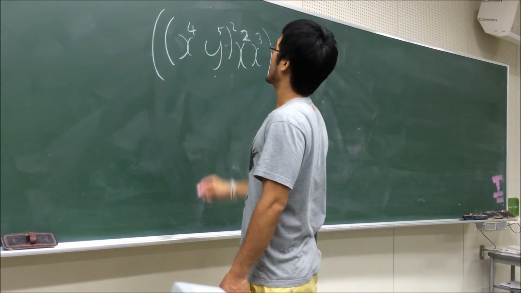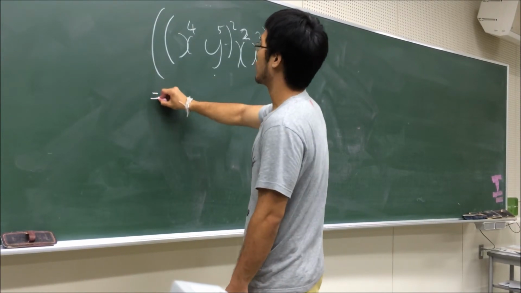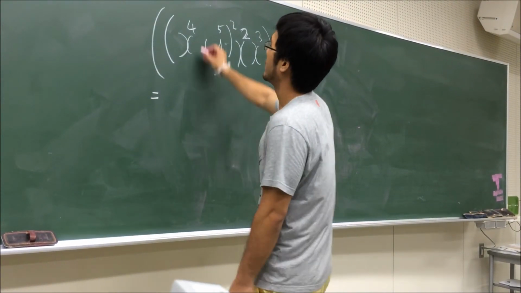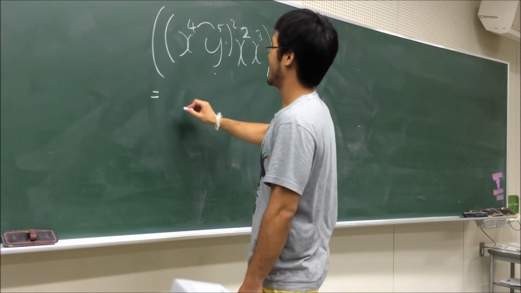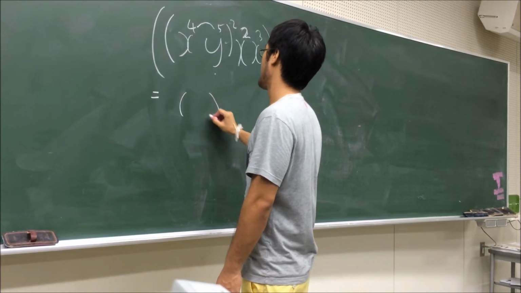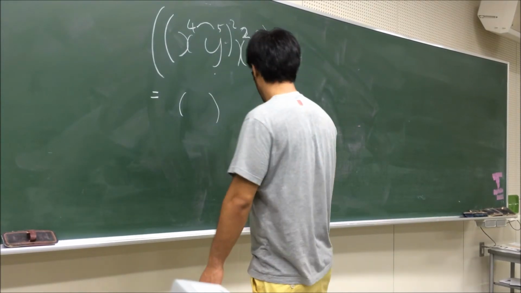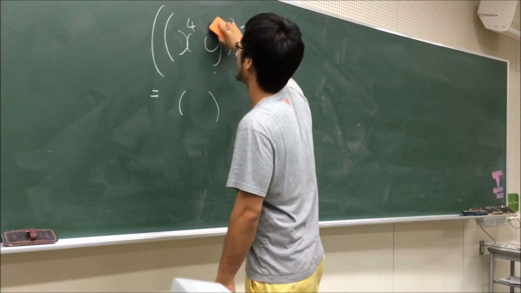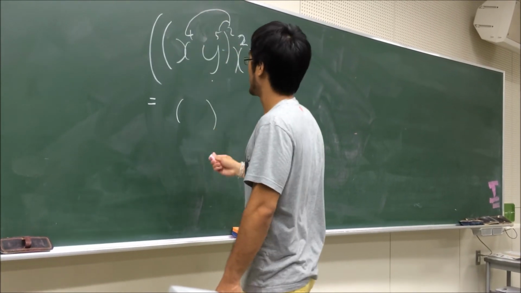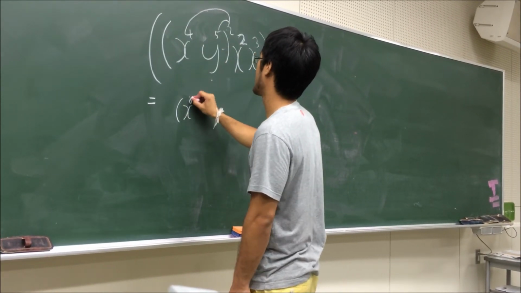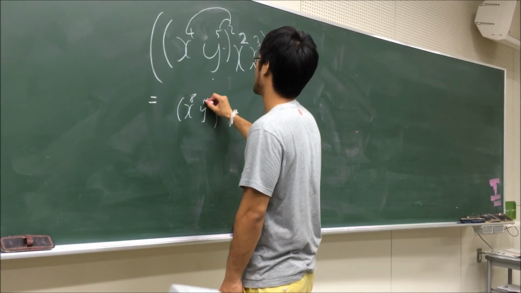So to make it less confusing, we work on the innermost part of the bracket. Like I said, 4 plus 5 get 9. 9 times 2 you get 18. So you end up with, no, you can't, oh, sorry. You can't add them together, they're x and y. So you leave it as it is. So it's 2 times 5 and 2 times 4. So you get x to the power of 8 and y to the power of 10.